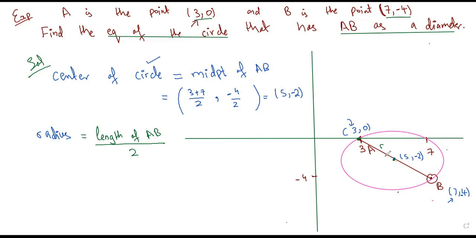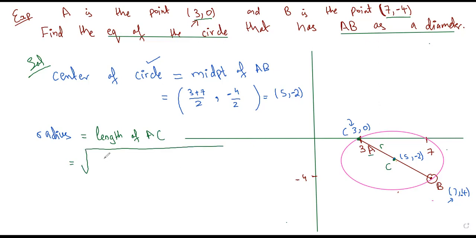Let's call this point C and this point A. So it would be length of AC. How do we find the length of AC? Tell me the answer.